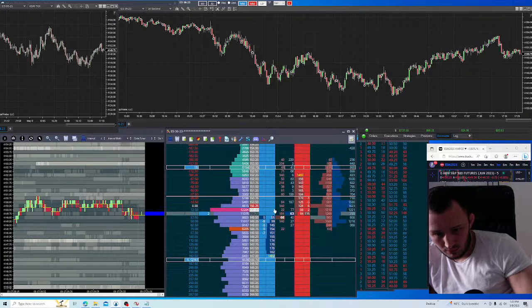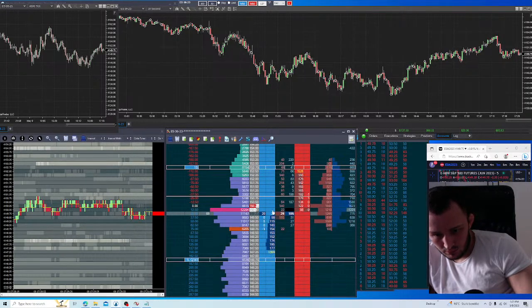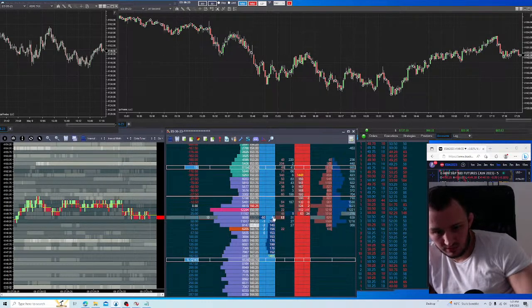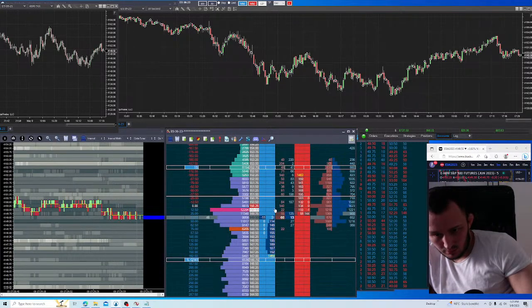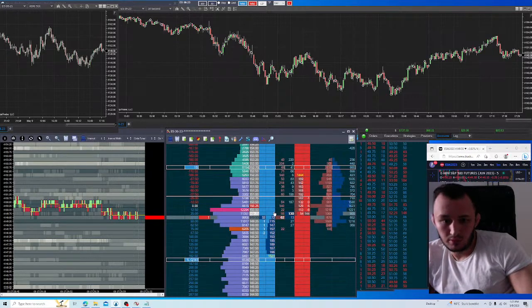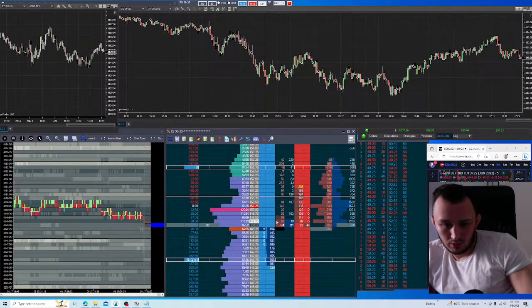This trade. I still do need some follow through from the sellers here. Yeah, nice.